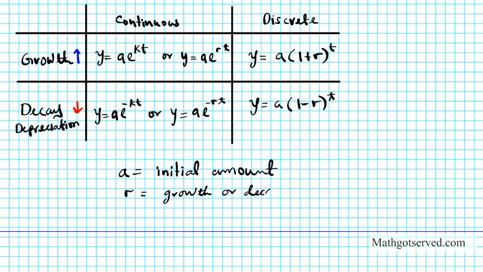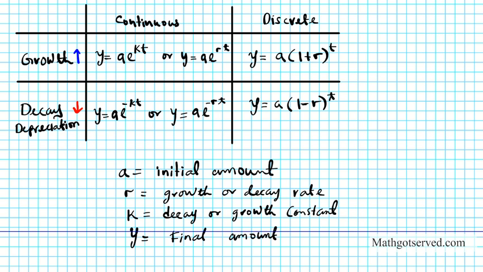And k is known as the decay or growth constant. And y is the final amount.